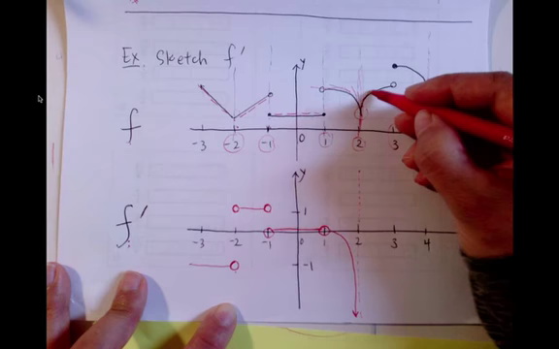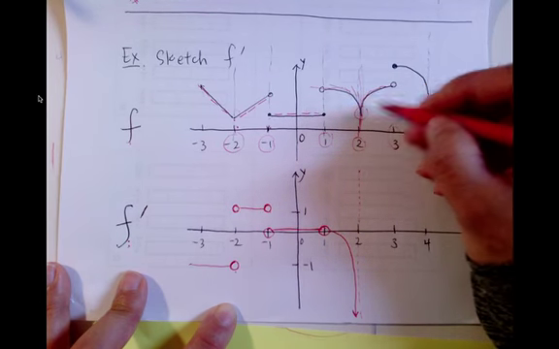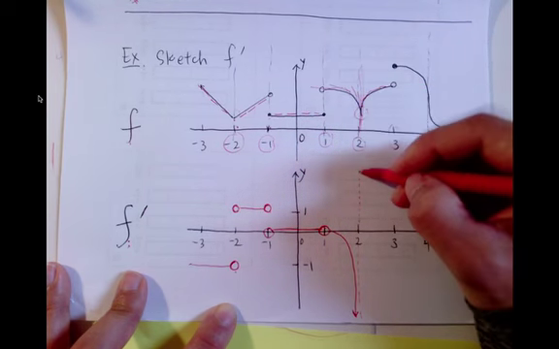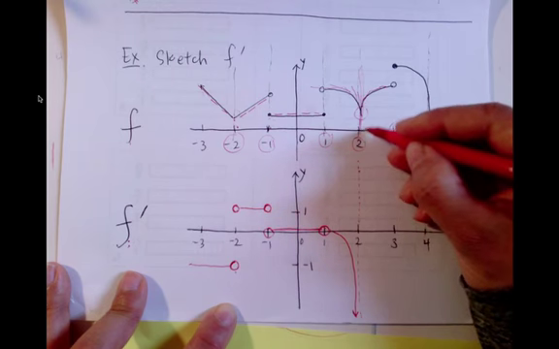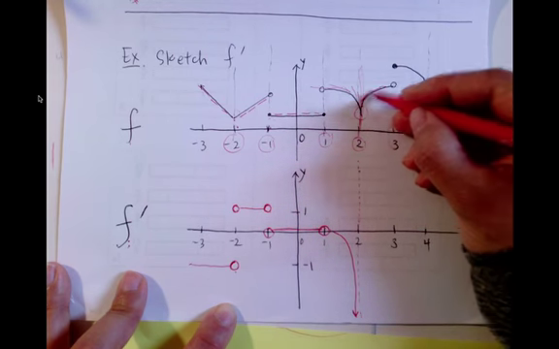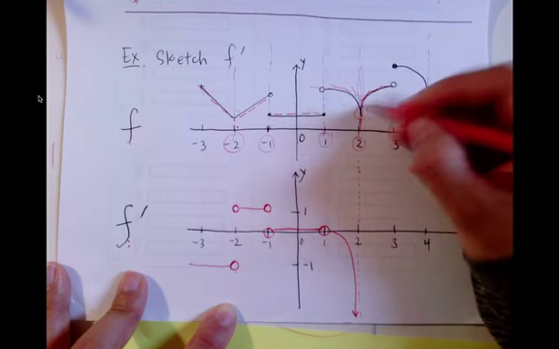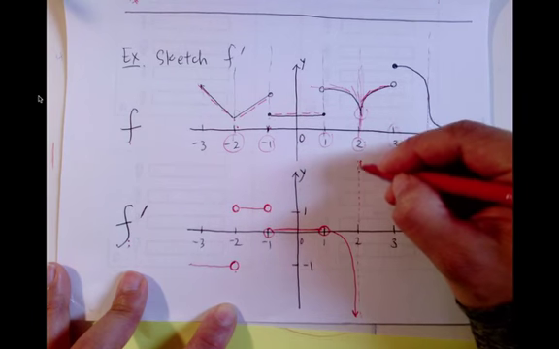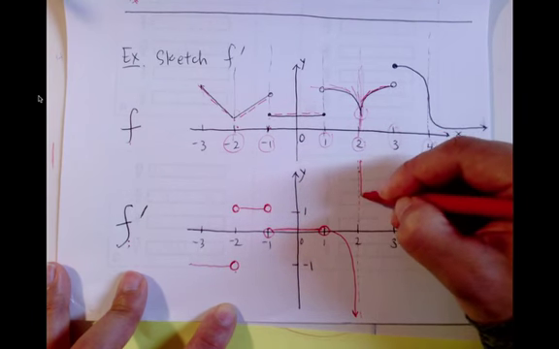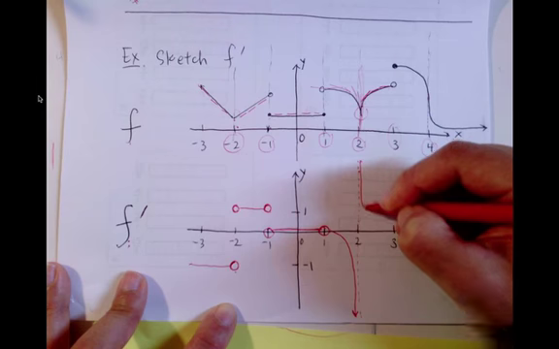The opposite happens over here, where the tangent lines are extremely steep near 2, to the right of 2, but they've got positive slope. So this is going to look like a vertical asymptote in my derivative.